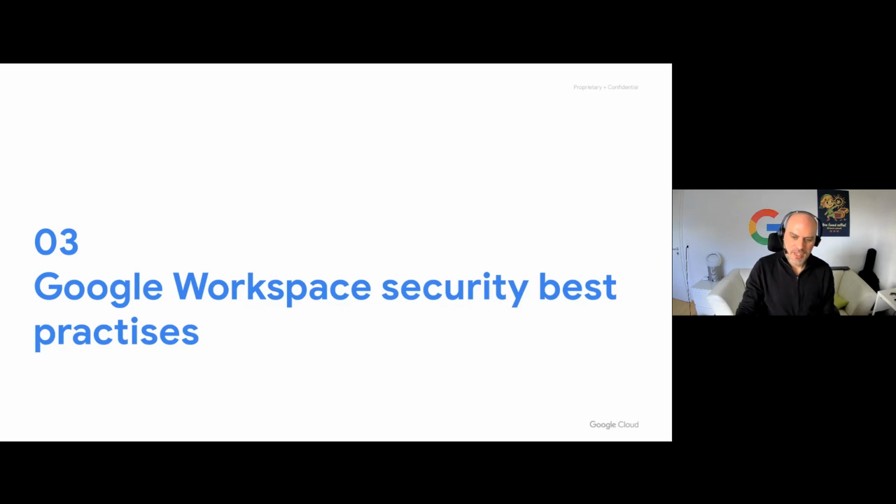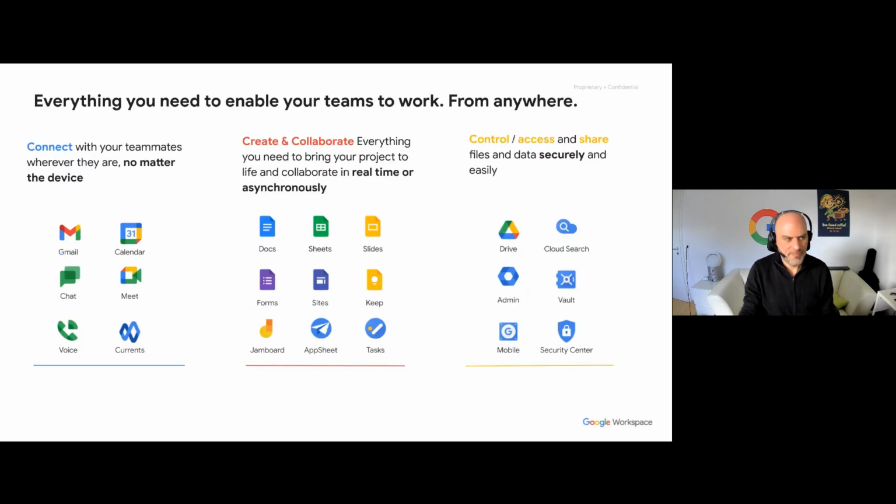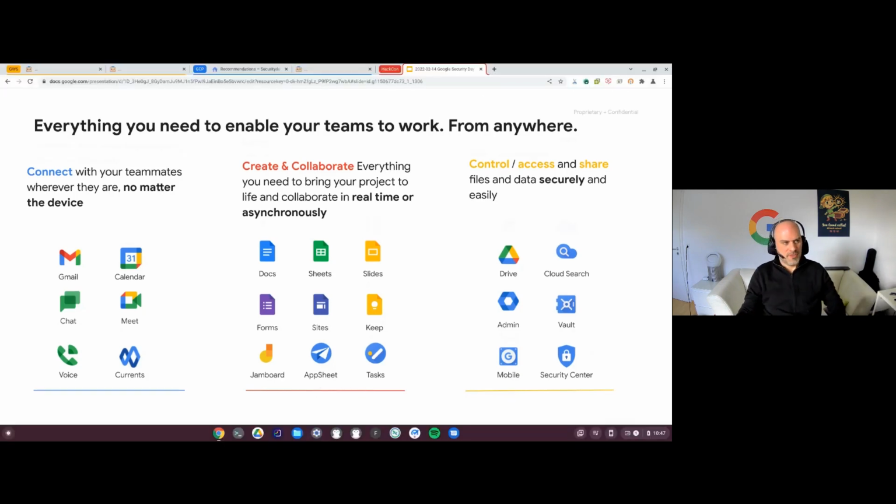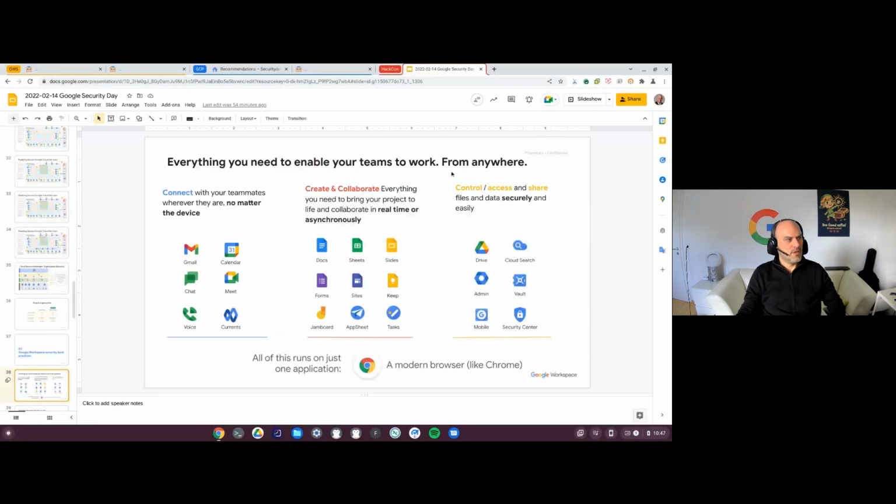Let's step over to the less infrastructure, more SaaS-based piece, and that is Google Workspace. For those of you who don't know Google Workspace, who don't use Google Workspace, basically what you're seeing right now is Google Workspace. This here is Google Slides, and that's part of Google Workspace.